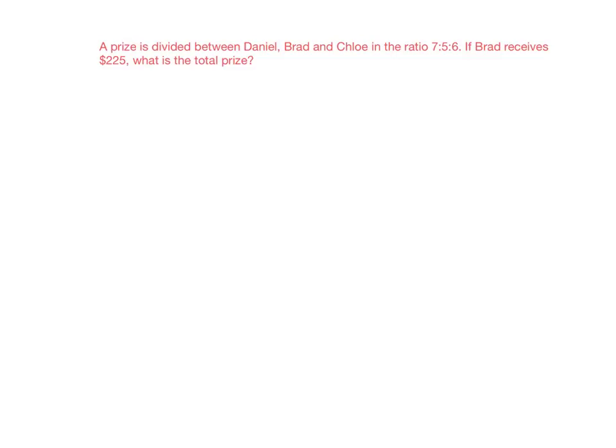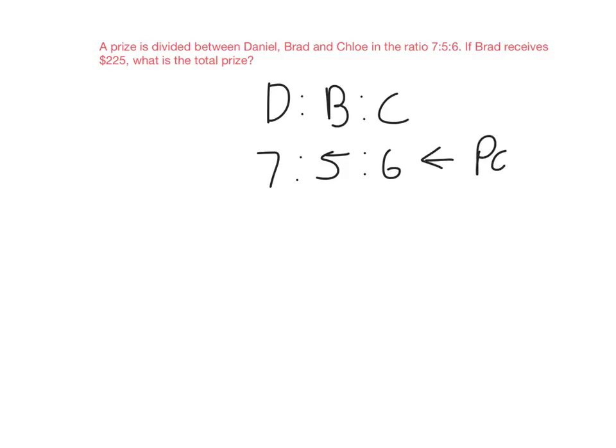So we're going to use the unitary method to figure this out. We know that Daniel to Brad to Chloe is 7 to 5 to 6. And remember that each of these numbers is parts. So Daniel got 7 parts, Brad 5 parts, and Chloe 6 parts. I found out that Brad, 5 parts, equals $225.